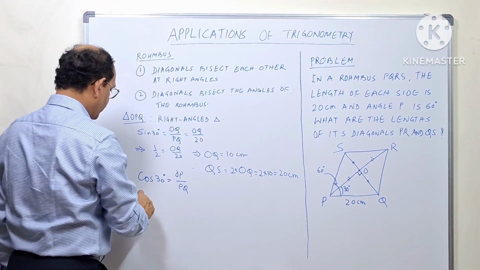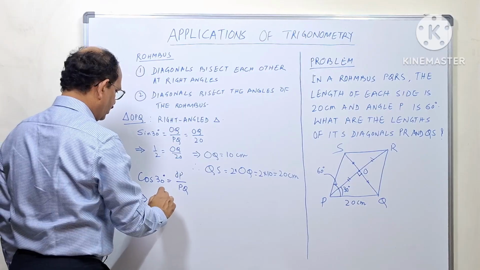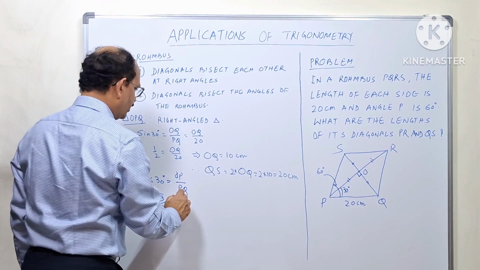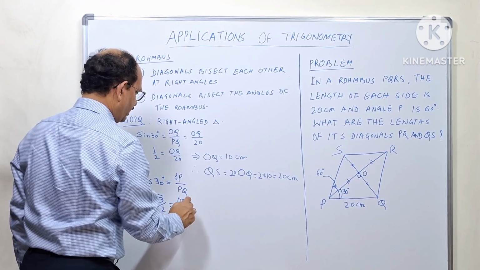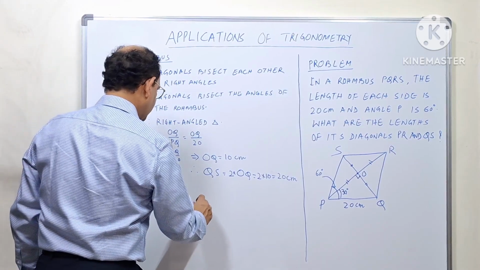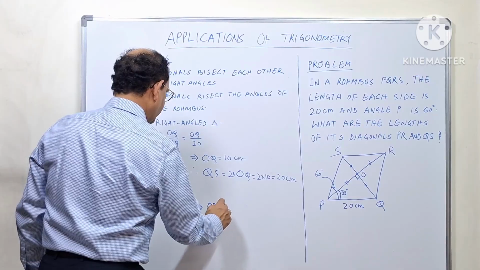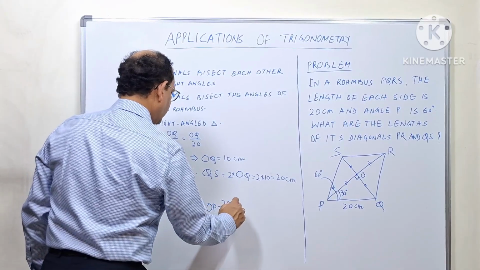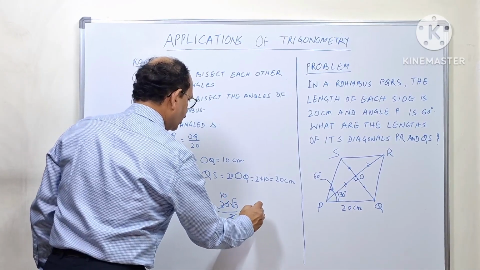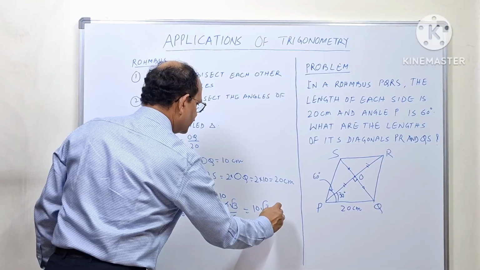Now we know that cos 30 is equal to root 3 by 2. So we can write root 3 by 2 equals OP divided by 20. And from that, OP is equal to 20 root 3 divided by 2. So OP will be equal to 10 root 3 centimeter.